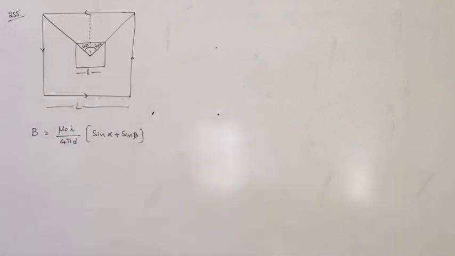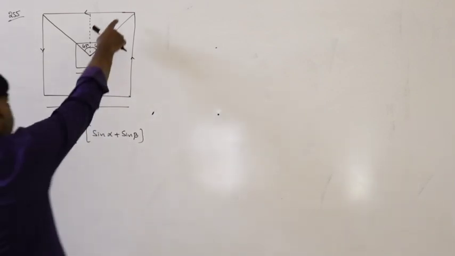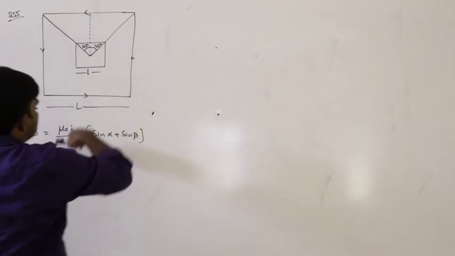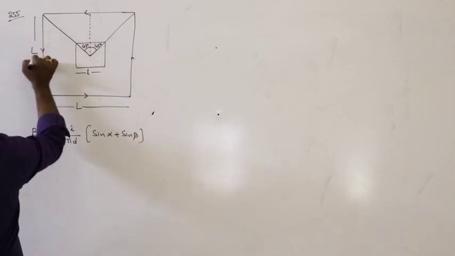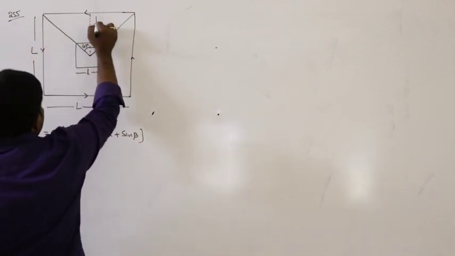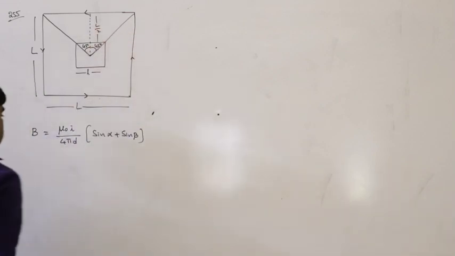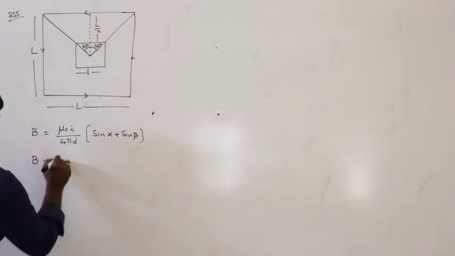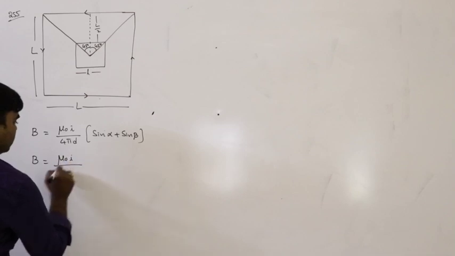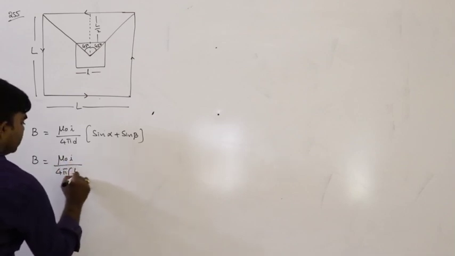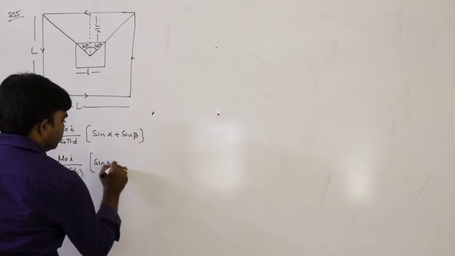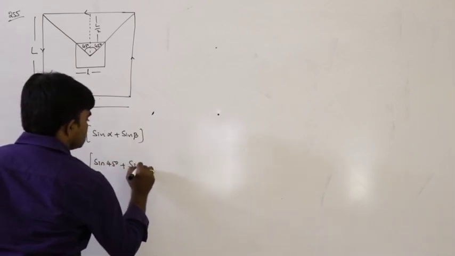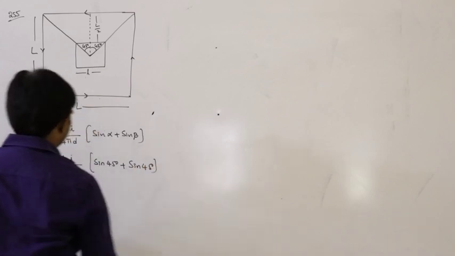So the total length of the conductor is L and the distance d is L by 2. So B is equal to mu naught I by 4 pi d, with d equal to L by 2, into sin alpha, that is sin 45, plus sin beta, also sin 45.